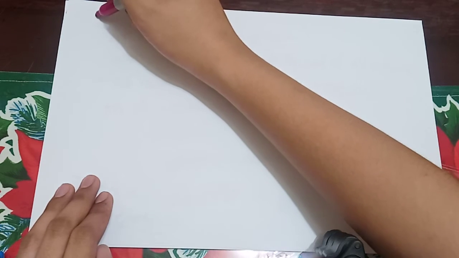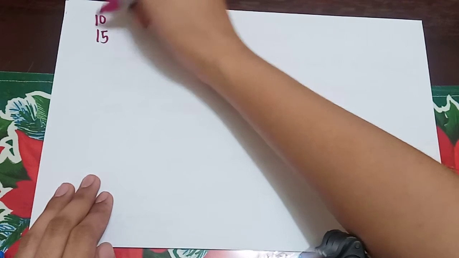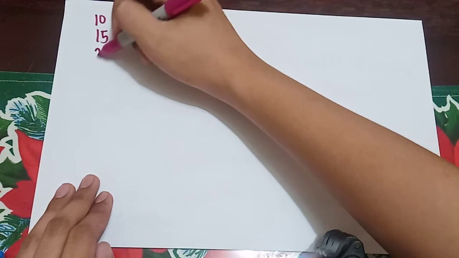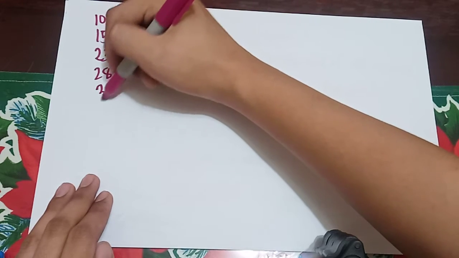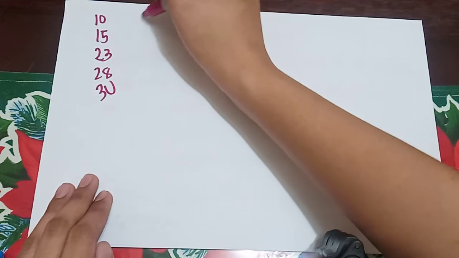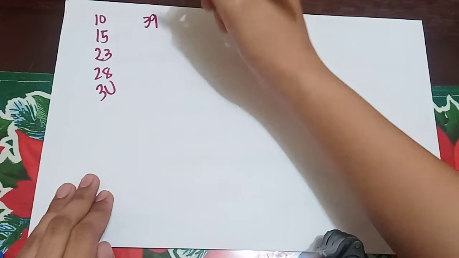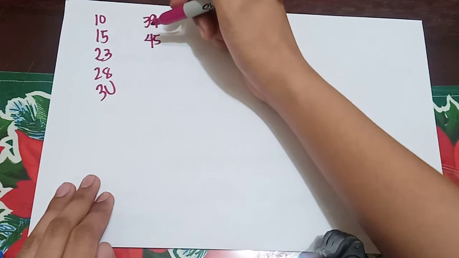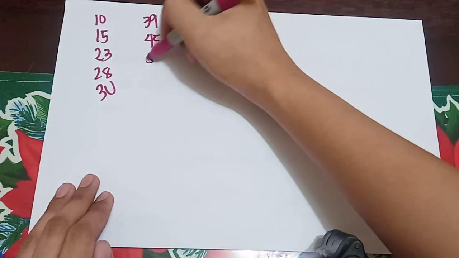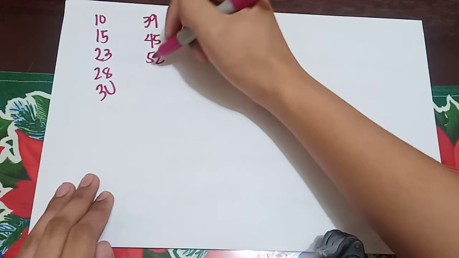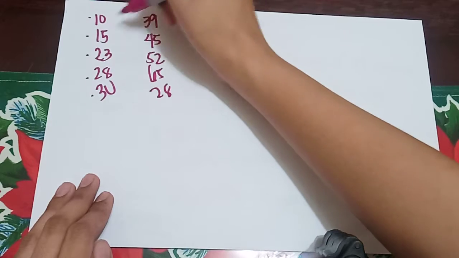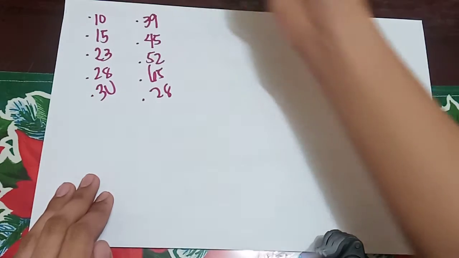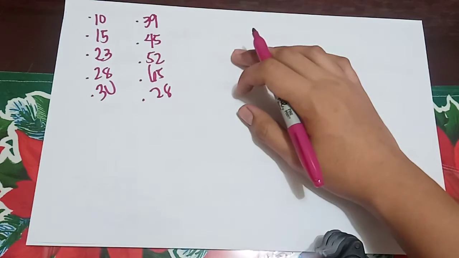So let's say we have 10, 15, 23, 28, 30, 39, 45, 52, 65, and 28. So these are the results, the set of scores.